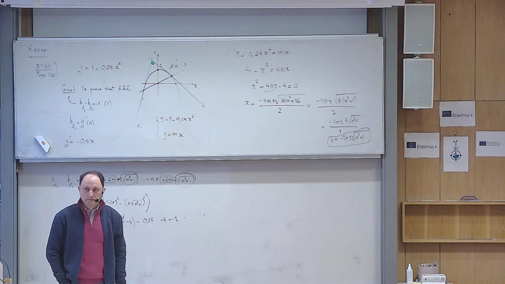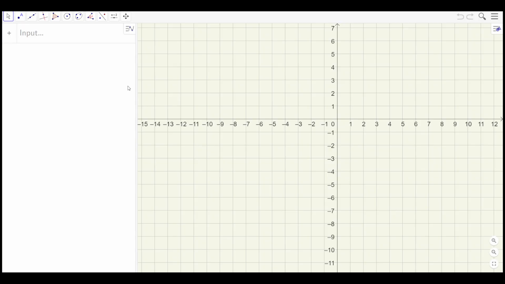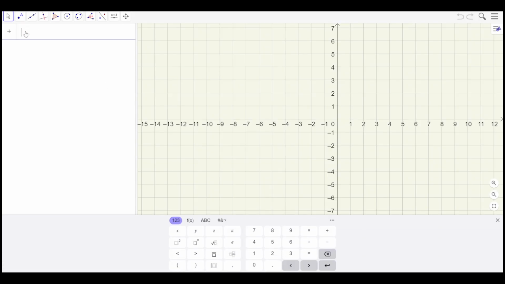Yes, is that clear? Okay, so maybe it's a good idea if we also see this in GeoGebra here. So what I do, I will type that function y equals 1 minus 0.25 multiplied by x squared. Yes, this is the graph, of course, similar to what I drew.